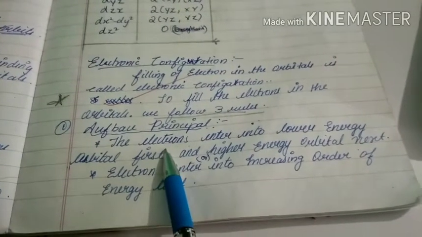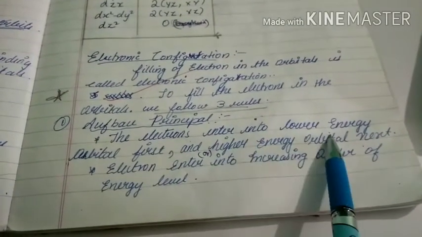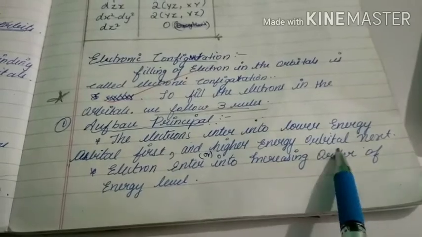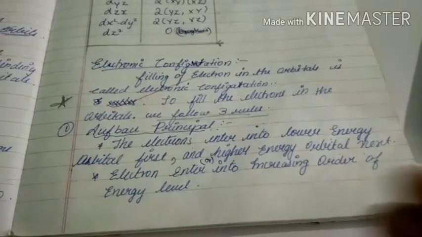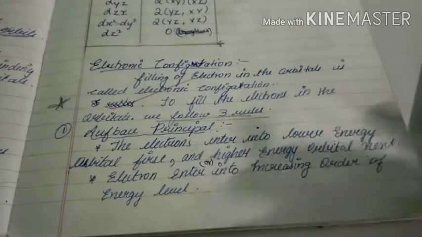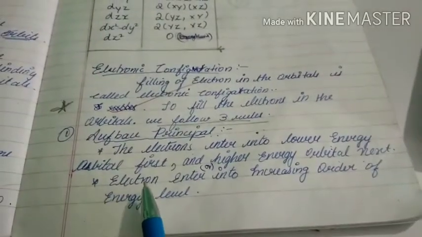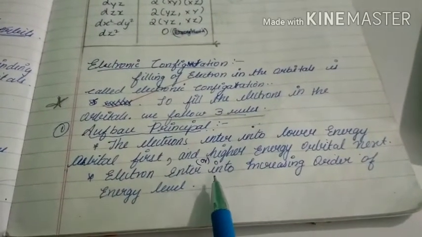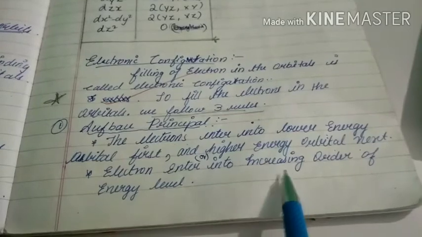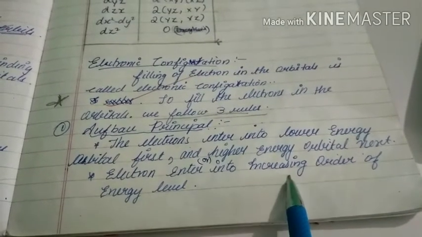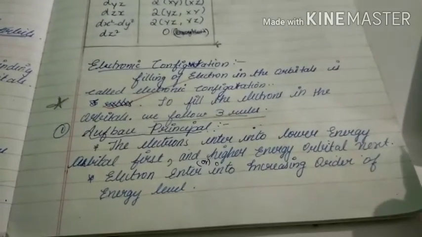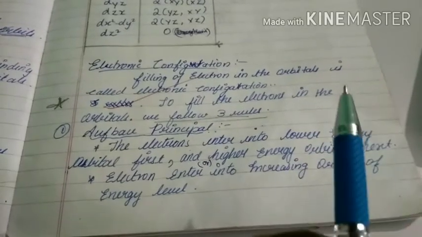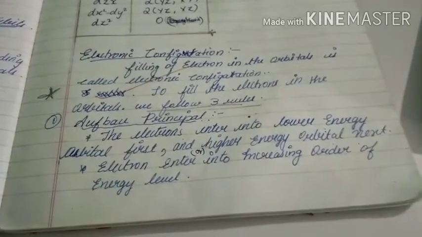Increasing order means lower to higher. That was the statement given by Aufbau.